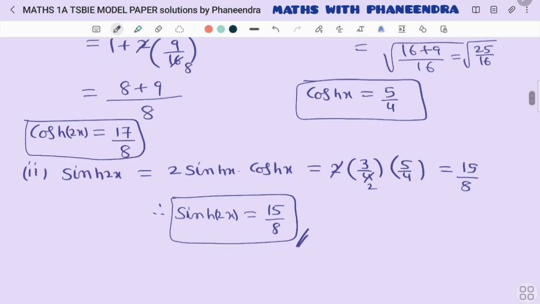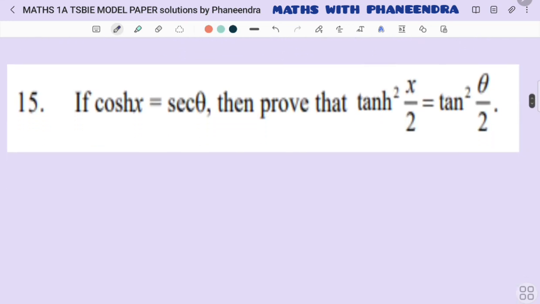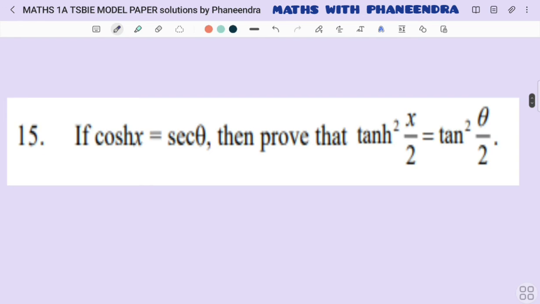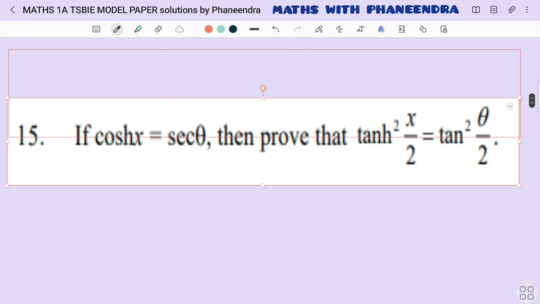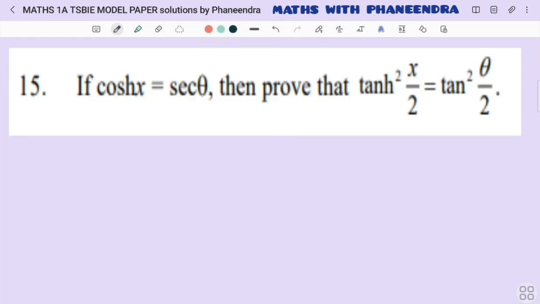We'll move on to the next question and the last question in the VSAQs. So, here given that cosh x is equal to secant theta, they are asking to prove tanh square x by 2 is equal to tan square theta by 2.